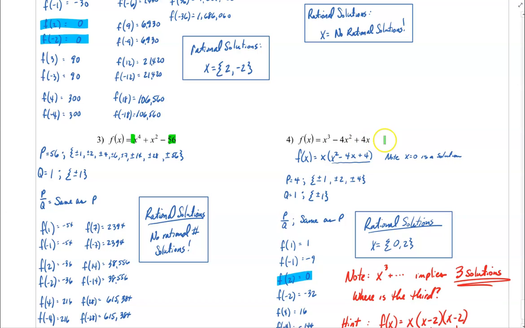And in number 4, you might argue that the p-value is 0. However, that doesn't work for our rational roots theorem. So what we ended up doing is factoring out a greatest common factor of x. And in doing so, the polynomial that was left behind allows us to use our rational roots theorem. And we use a p-value of 4 with a q-value of 1.